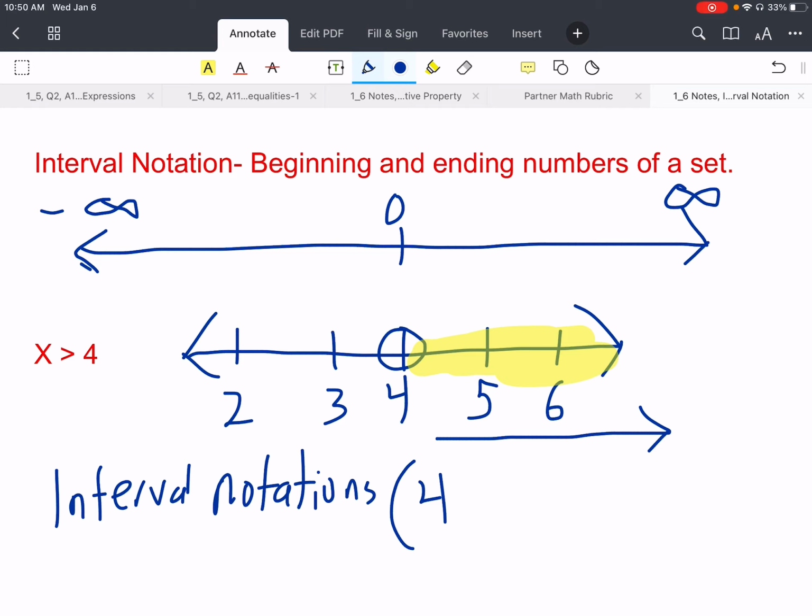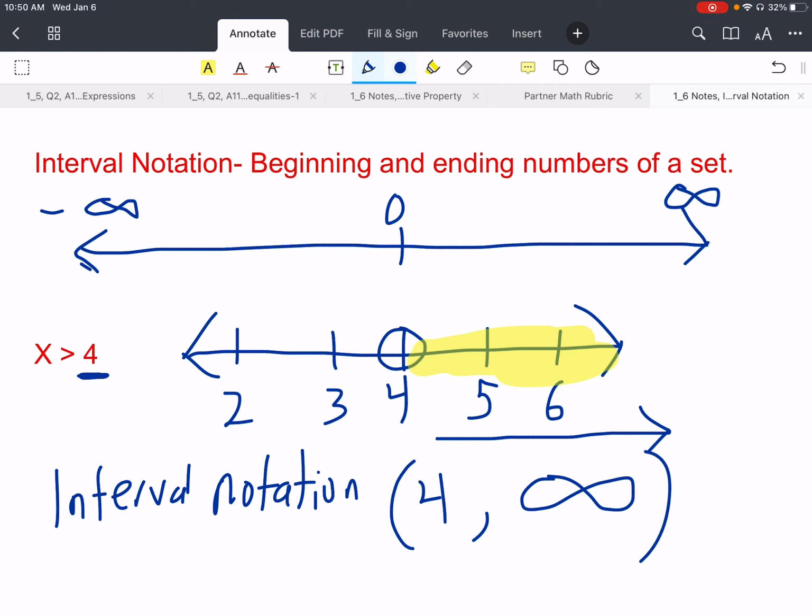And I know the empty circle shows that it has to be greater than 4, but for interval notation, whether it's a filled in circle or an empty circle, we're going to be using the number that we solve over here. So our interval notation is going to range all the way from 4 to positive infinity.